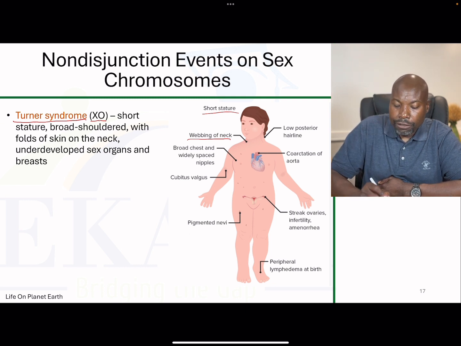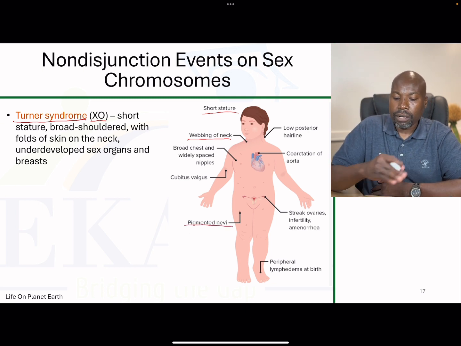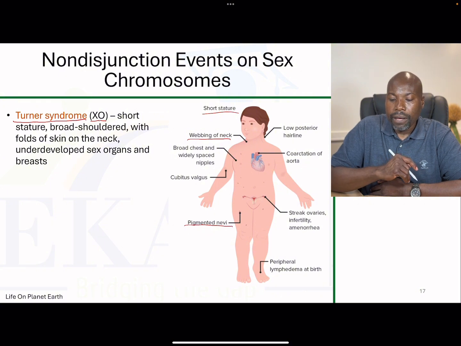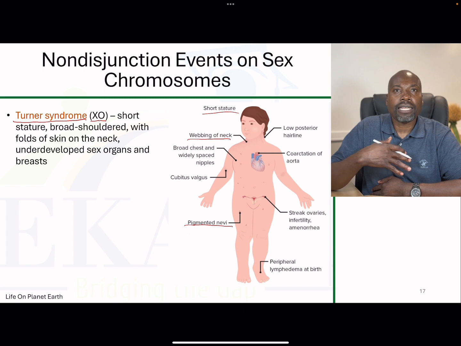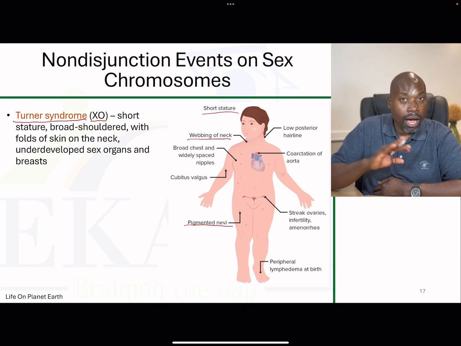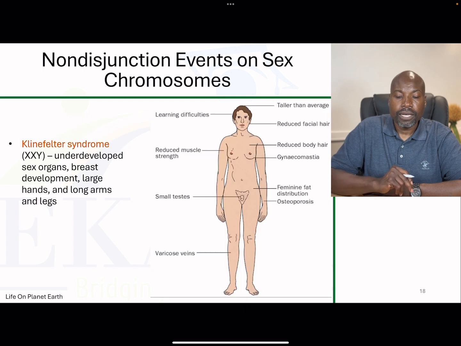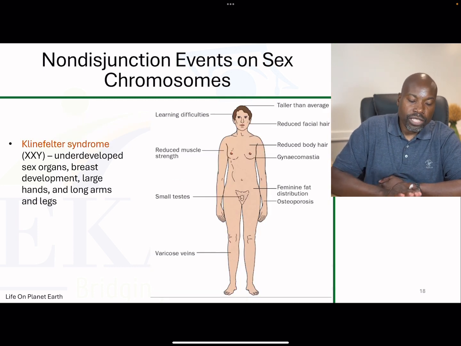They're going to have some pigments across the body. So these are some of the characteristic features of individuals with Turner syndrome. They are all female.